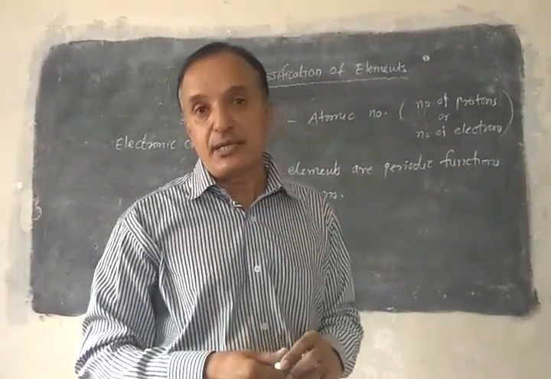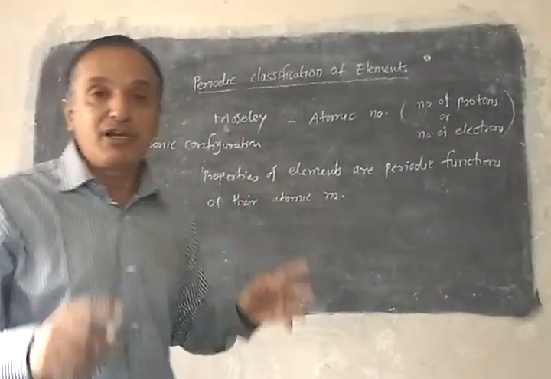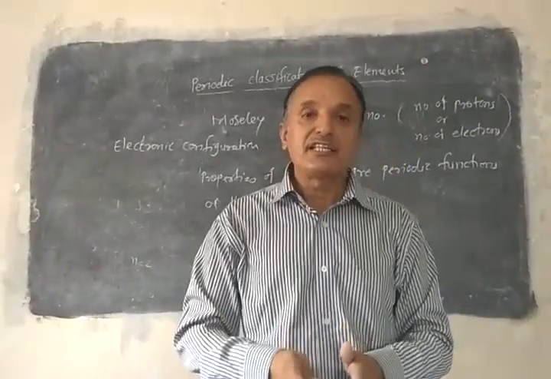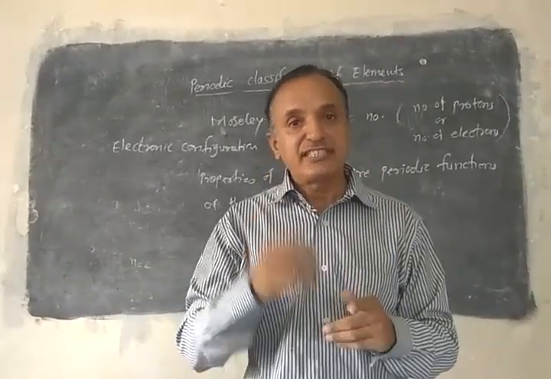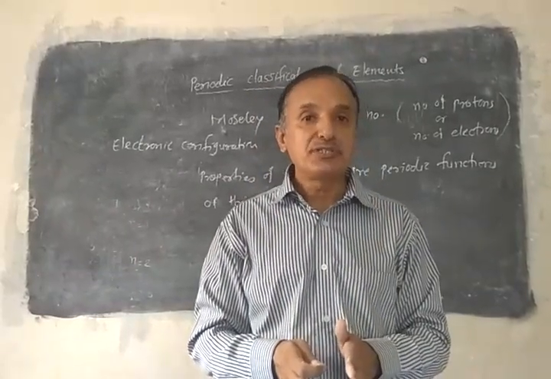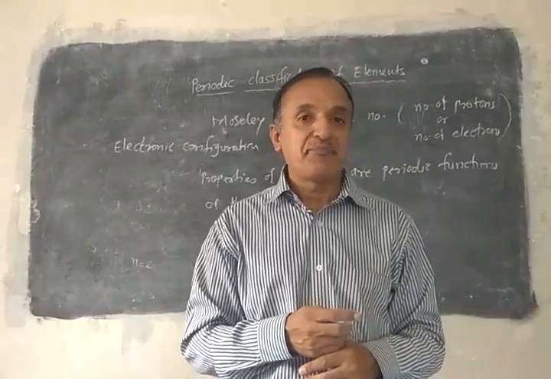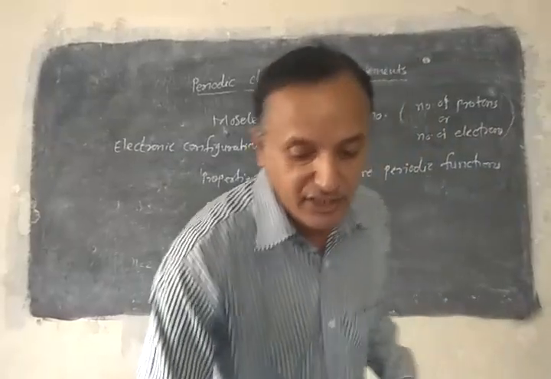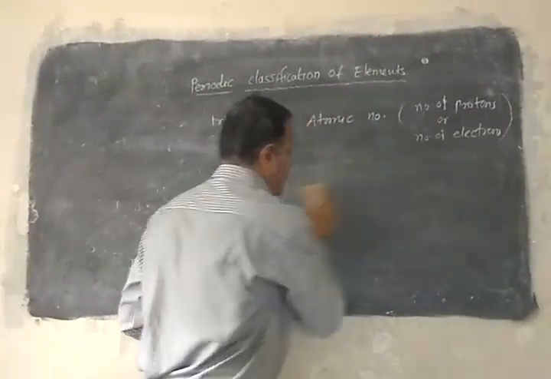In that table there are vertical columns and horizontal rows. The vertical columns are called groups, and the horizontal rows are called periods.